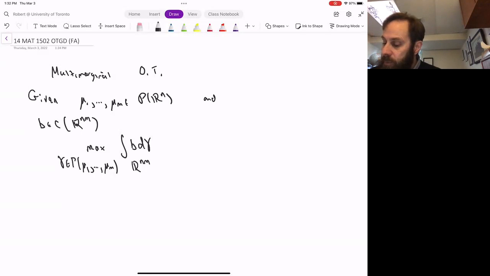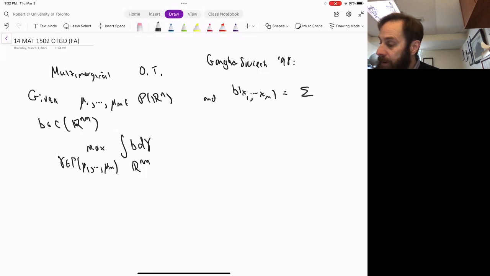Of course, there are lots of interesting special cases to keep in mind. The Gangbo-Swiech case, which other people actually studied before them, is the case where b of x_1 up to x_m is something like the sum over i less than j of x_i dot x_j.